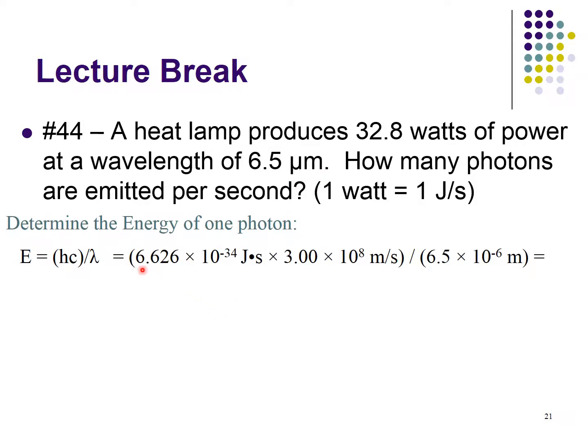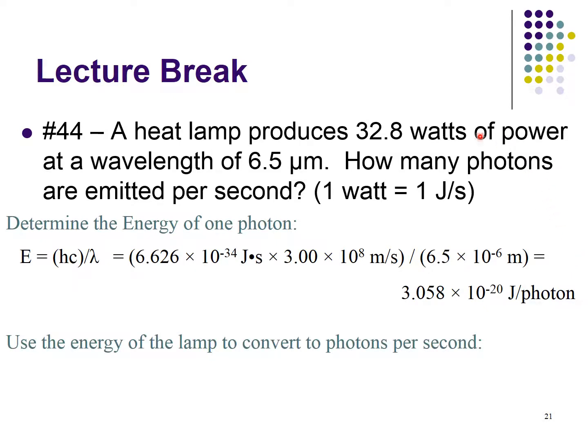So we have Planck's constant, the speed of light, the wavelength, 6.5 times 10 to the negative 6, so I converted it to meters instead of micrometers. Seconds cancel out, meters cancel out, and we're left with joules. And really, this is joules per photon or joules per wave.